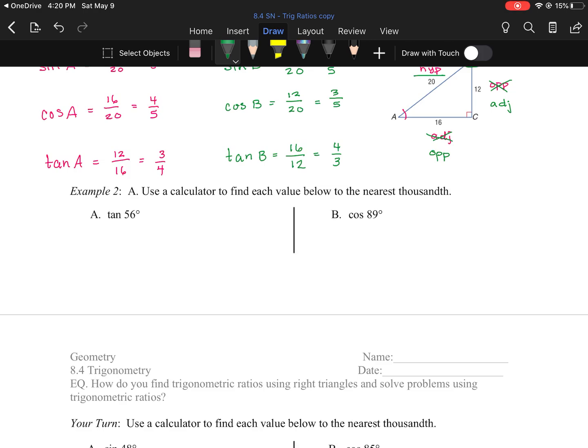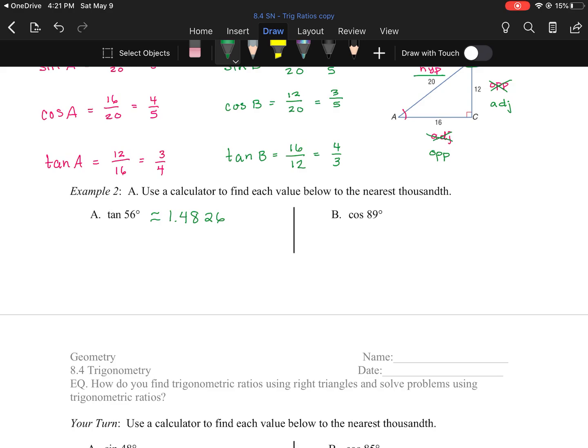So to do the tangent of 56, you have to hit the tangent button and then type in 56 and hit enter. It's that easy. We're going to do approximately 4 decimal places. So that's going to be 1.4826. Okay?